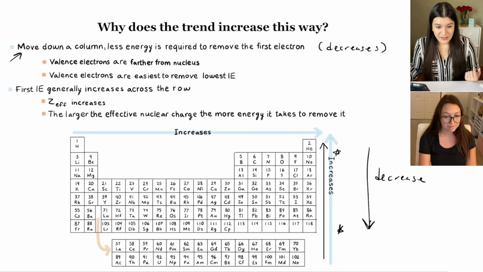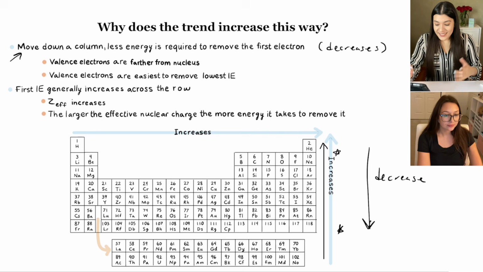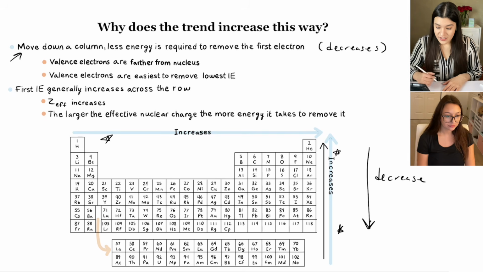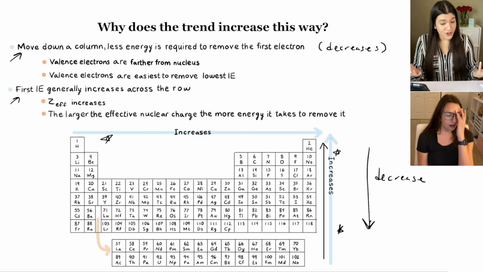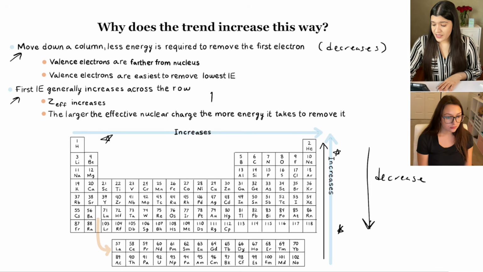So now I am going to look at how it does increase for this other trend. So if I'm looking at this one, the first ionization energy is going to increase as we move across a row, or across the periodic table from left to right. And I know this because Z effective is going to increase. So as I increase my ionization energy, I'm going to increase the Z effective.